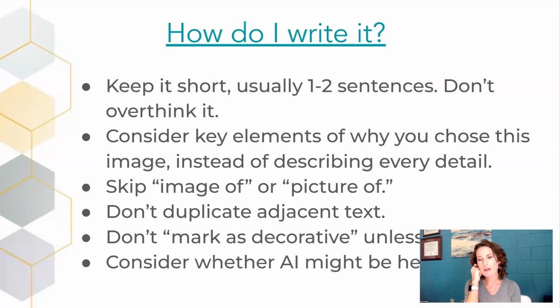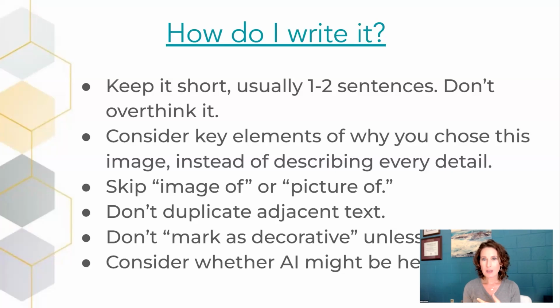And then consider cases where AI might be helpful. We are increasingly seeing in Microsoft Word and PowerPoint, and even in Blackboard, an AI assistant will suggest alternative text. It's tricky though, because you have the discernment as the creator of these documents to know about the function of those images, the why that you included them, and AI doesn't have that context.